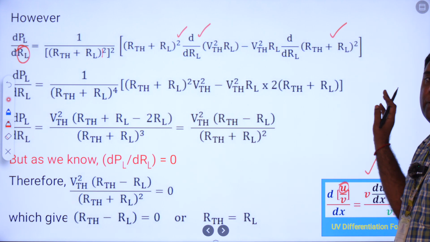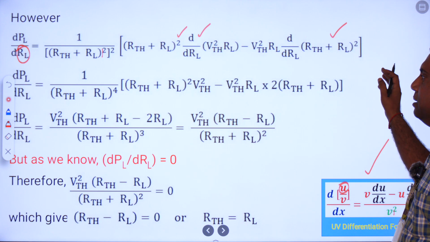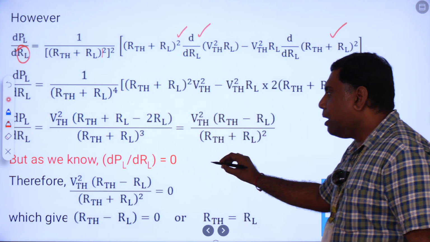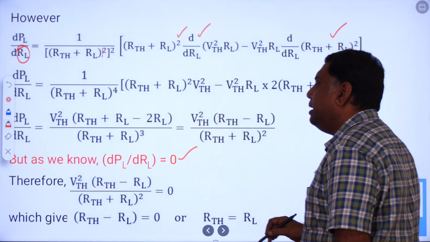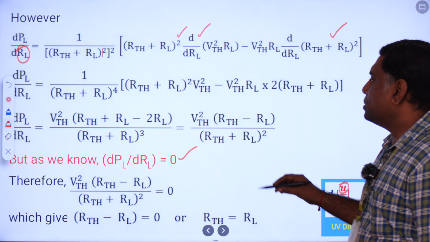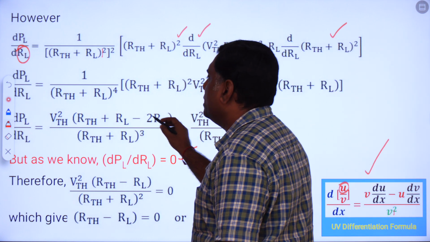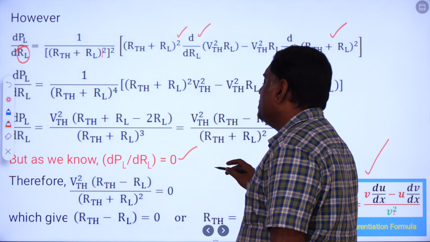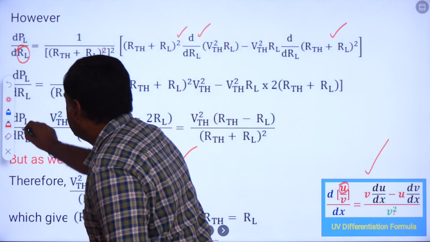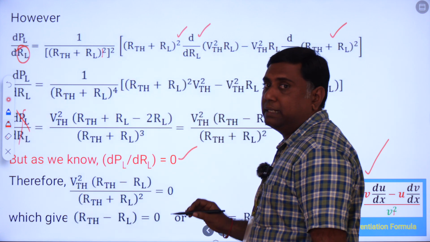We have to carefully solve this equation to get dou PL by dou RL equals 0. Now substituting dou P by dou RL equals 0, this portion will get cancelled.